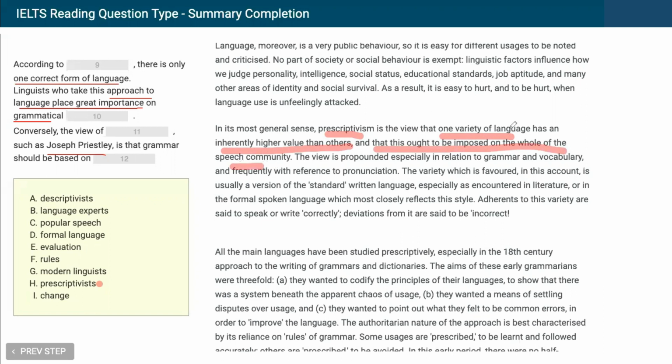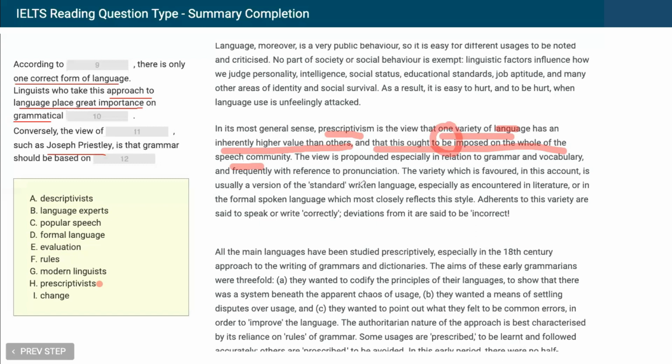So just by finding language here, I think I found the answer to number 9. So it says, according to blank, there is only one correct form of language. And this says, in its most general sense, prescriptivism is the view that one variety of language has an inherently higher value than others, and that this ought to be imposed on the whole of the speech community.